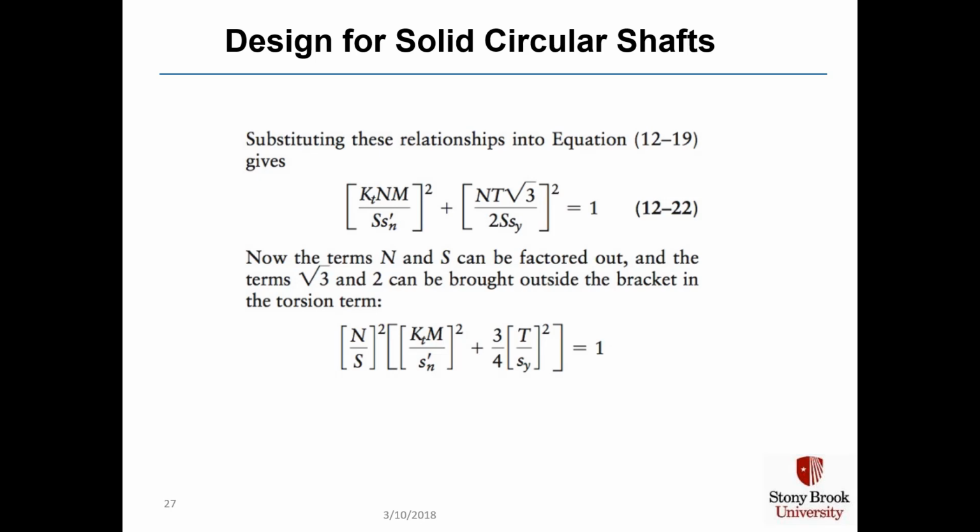Now the nice thing is that n is showing up as a square and S is showing up as a square, and we can factor them out of the equation and get the one you see at the bottom of this slide.